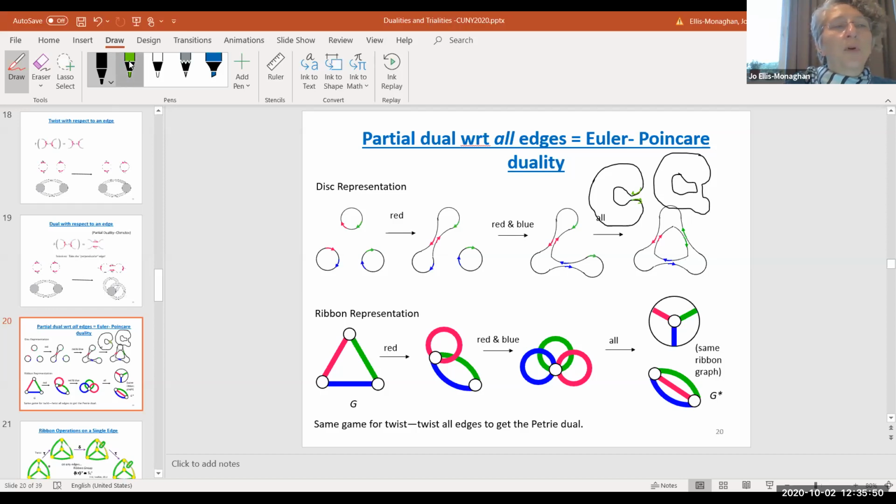And now I put in the perpendicular edge. But in merging those 2 arcs together, because they were originally part of one thing, they become 2 disjoint curves in space. And this right here, as a ribbon graph, is just a loop.